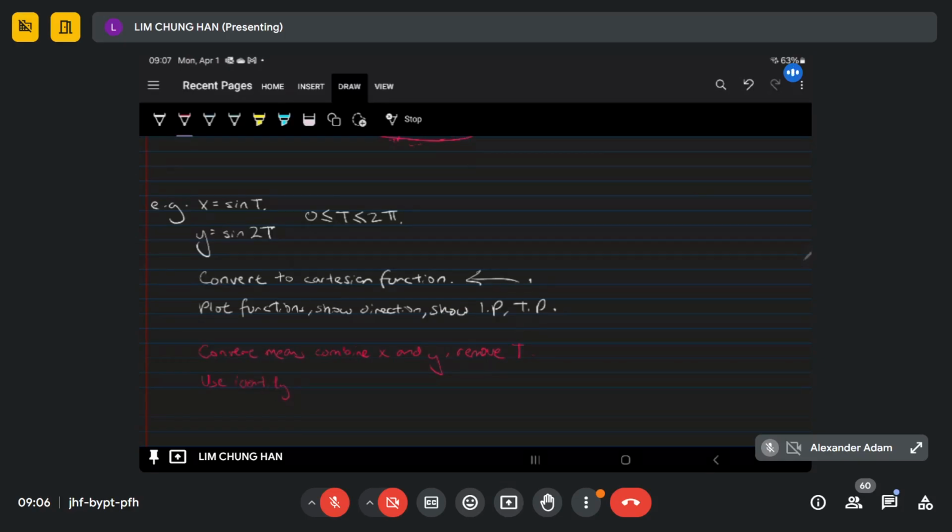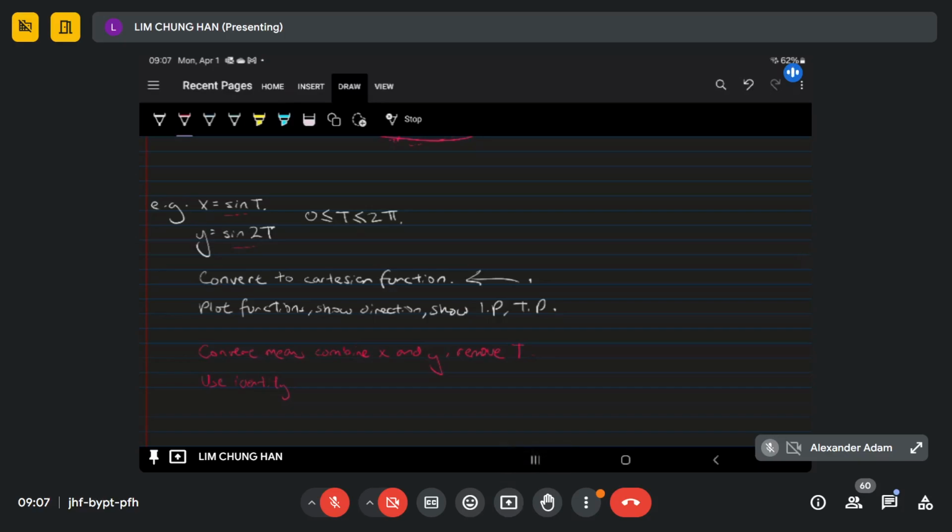All right, use an identity. So what identity can I use? You need to choose an identity that has a sine t and a sine 2t.